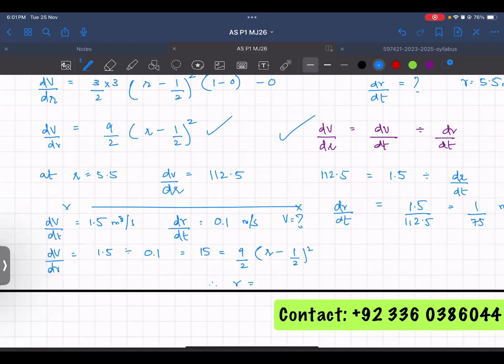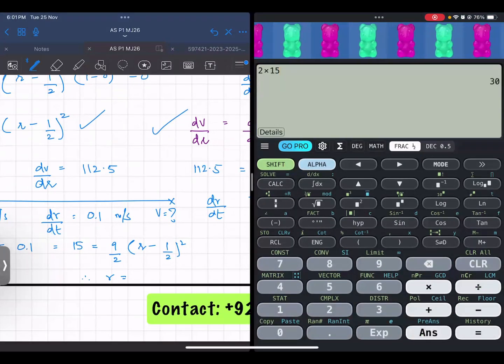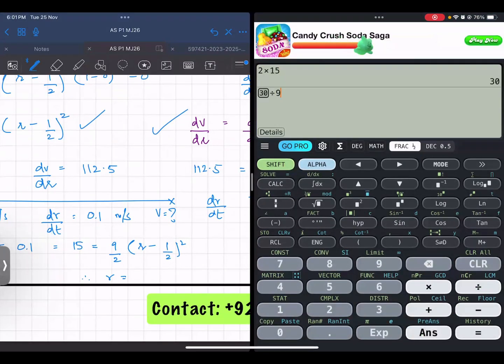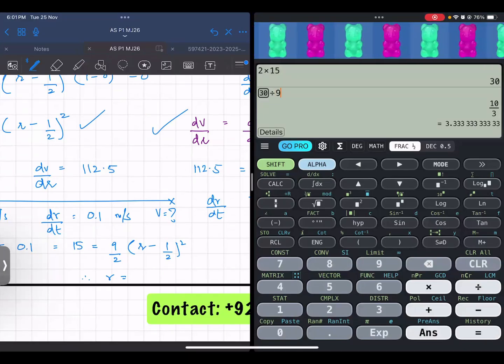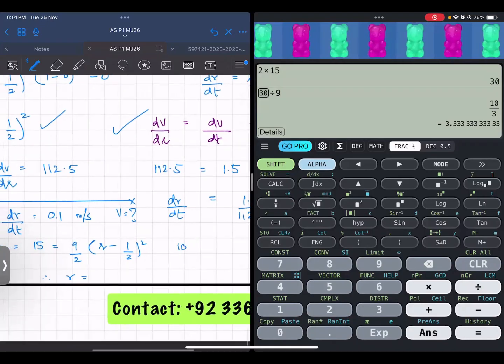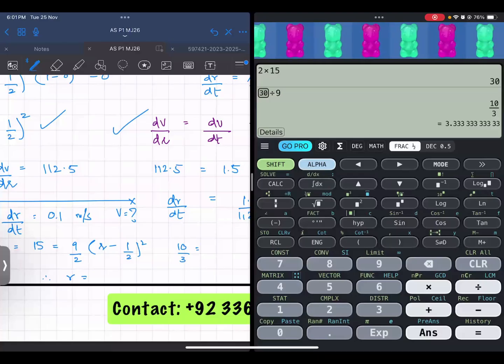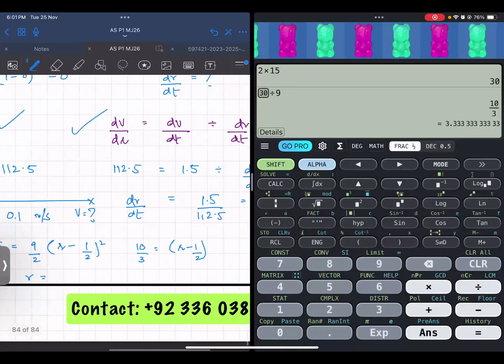The 2 will go over there and multiply with 15. Okay, 2 times 15. And the 9 will go over there and divide. So divide by 9, 10 upon 3. Okay, and then you would do square root. We have 10 upon 3 equals (r minus 1 upon 2) whole square.